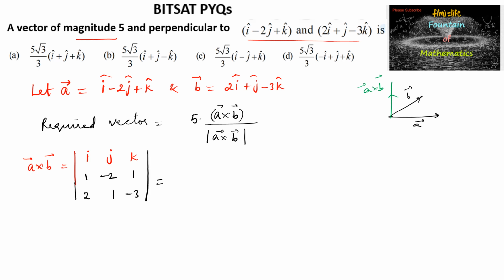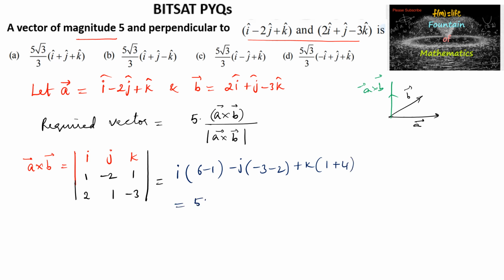Let us simplify. So we can write i times of minus 2 into minus 3, that is 6, minus 1, minus j times of minus 3 minus 2, and again plus k times of 1 minus of minus 4, that is plus 4 plus 1.